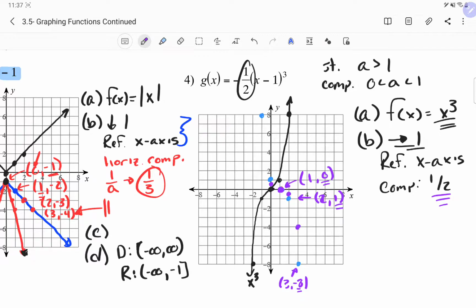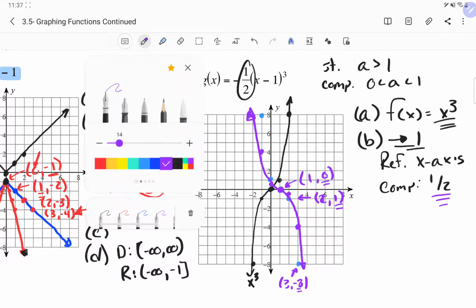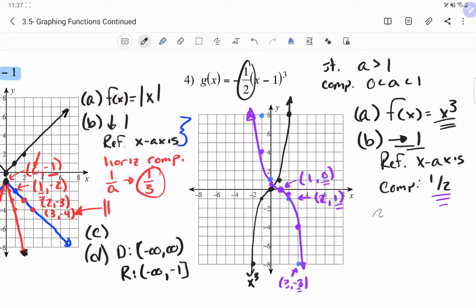So right here. Do the same thing to the top point over here, and now we have our graph. And remember that this should be shorter or fatter than our previous graph. Okay. All right.